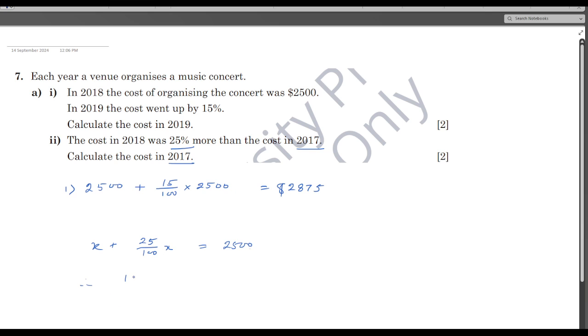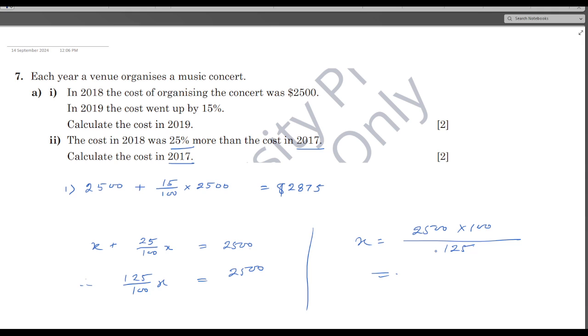So here 125 divided by 100 X is 2500. So this gives you the value of X as 2500 into 100 divided by 125. So that will be 125 times 2 is 250. So 20 multiplied by 100, that is 2000 is the cost in 2017. The cost in 2017 is $2,000.